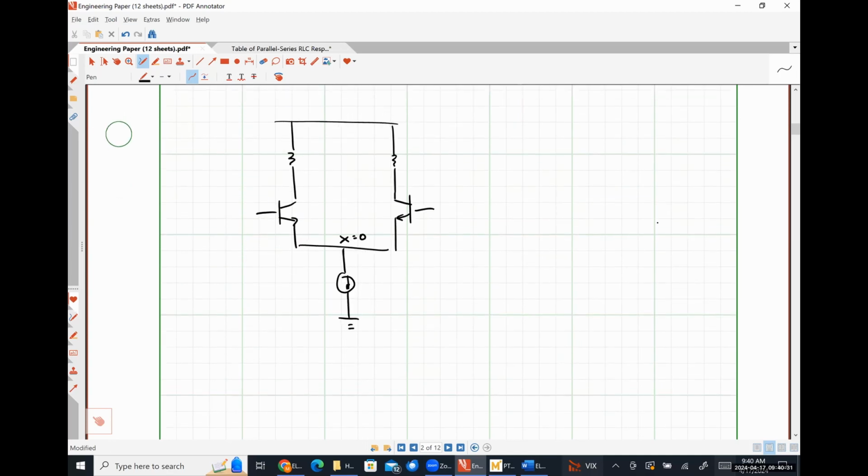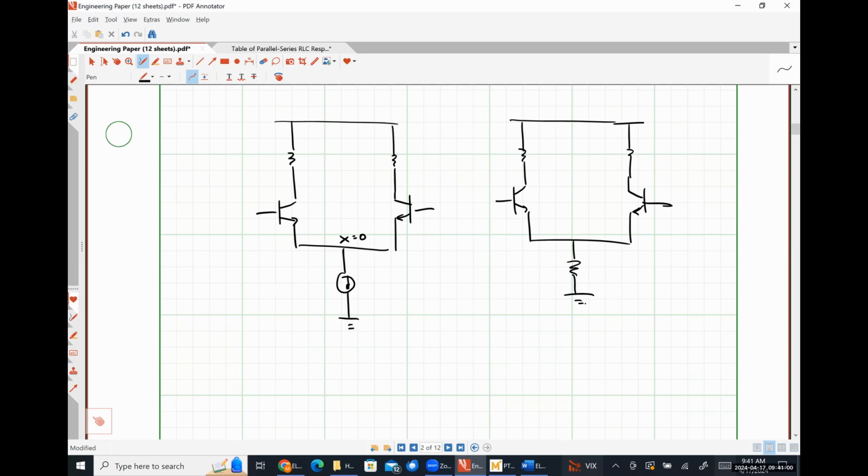So in homework set number 5, I gave you guys circuits that looked very similar. But instead of putting just a current source there, effectively what I put is a small signal resistance.